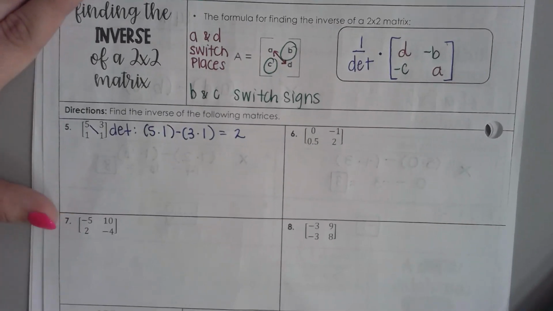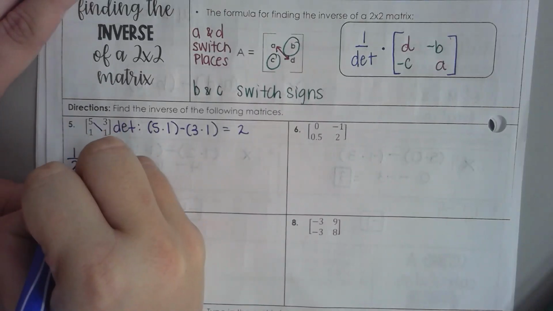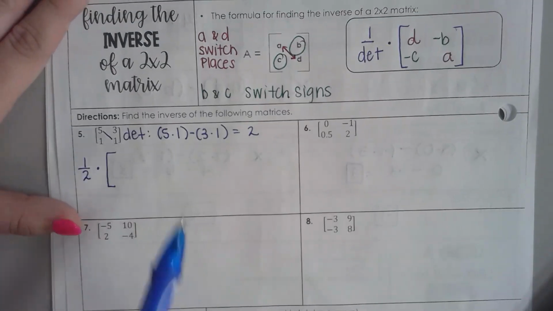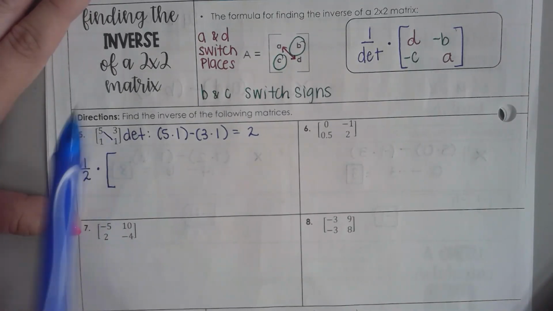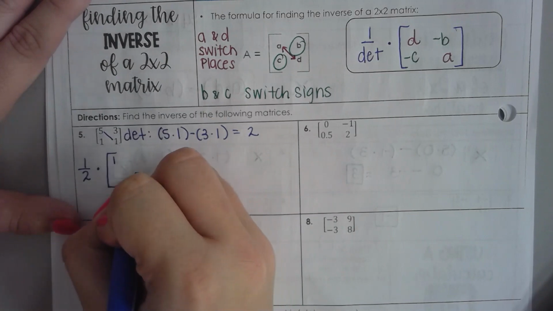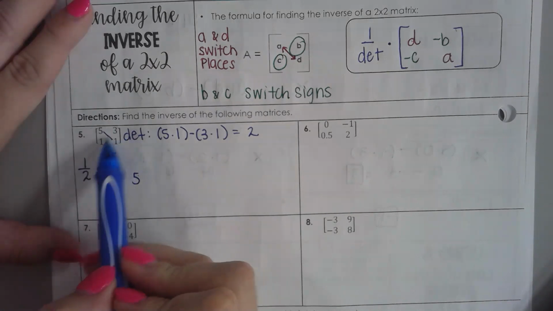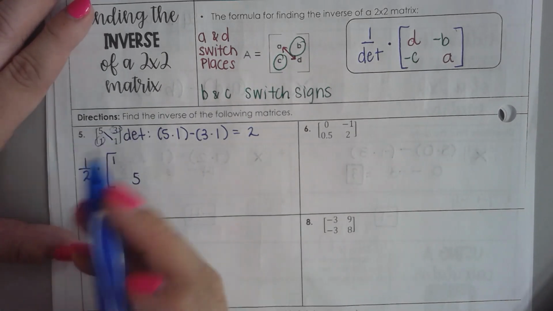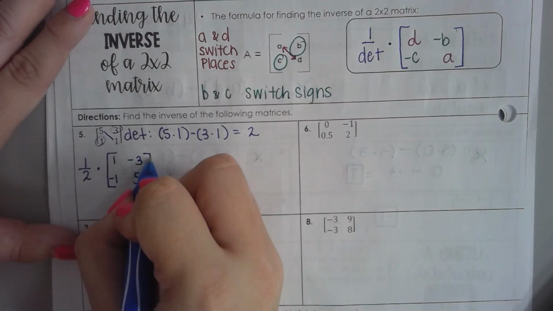So then to find the inverse, we have 1 over 2 times, so the 5 and the 1 switch places. And then the 3 and 1, they're both positive, they both become negative. Negative 3, negative 1.